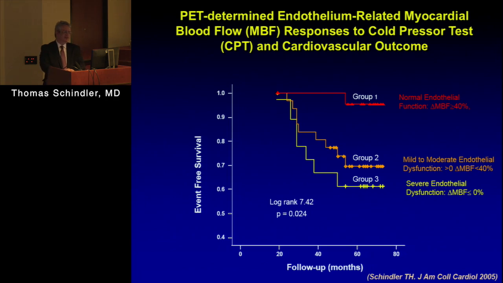And then when I was still in Germany, in Freiburg, also with Andreas Zeiher, at that time we did endothelial function testing in the cath lab. We immersed the left hand into ice water, a physiological stress test. In the normal setting, the vessels opened up, so there was normal endothelial function. But if someone had endothelial dysfunction, there was a vasoconstrictor response or decrease in flow. And you see when the flow didn't increase, you had an increase in cardiovascular events.